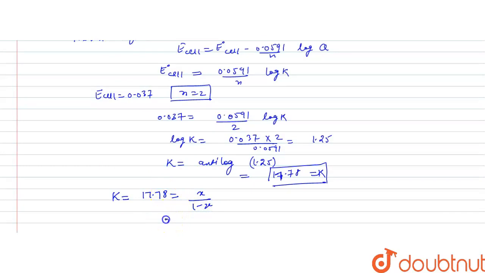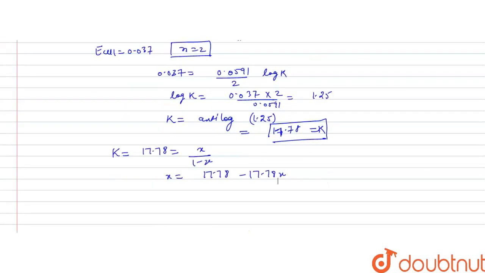This gives x equals 17.78 minus 17.78x, which means 18.78x equals 17.78, and x will be 17.78 divided by 18.78. This value comes out to be 0.947.